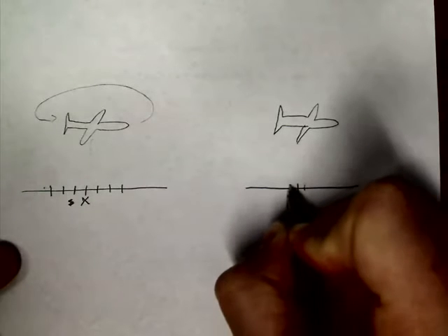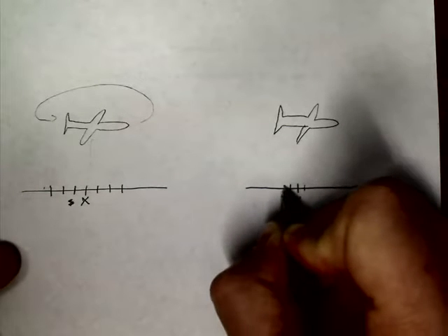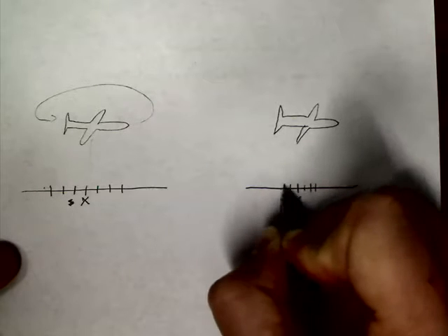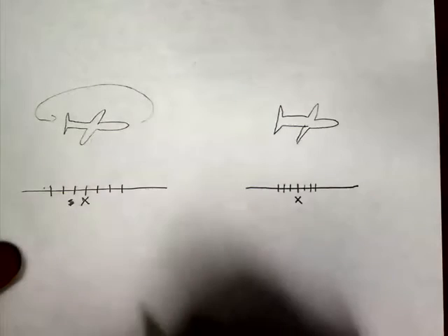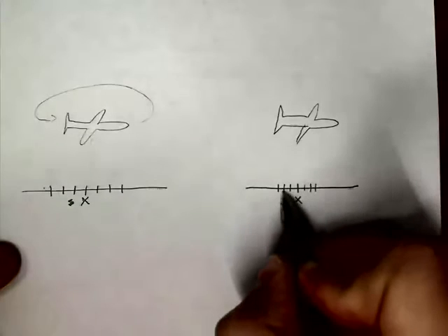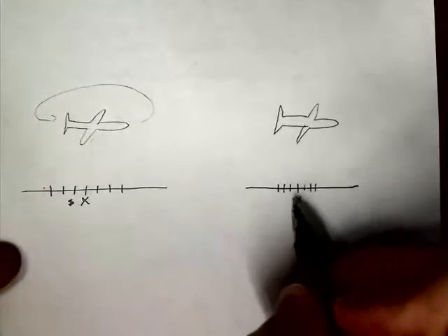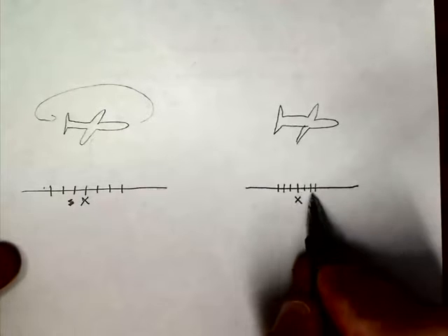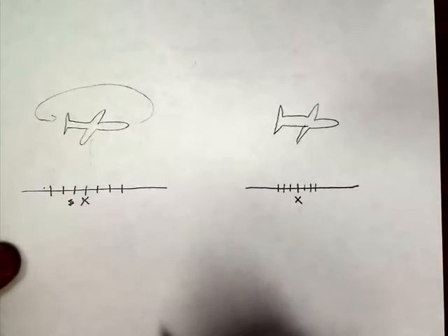His second load is right here. His third load is right here. His fourth load is right here. His fifth load is right here. His sixth load is right here. Well, on average, pilot B is with the target. He's got some too far and some too short of the target.